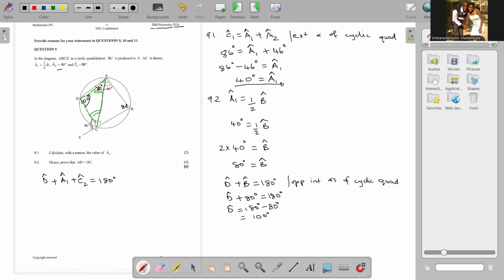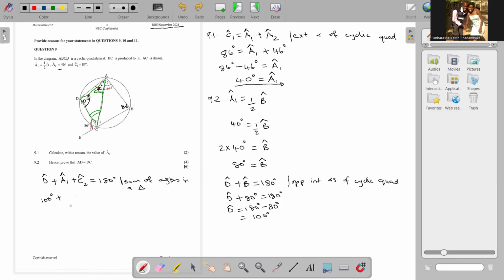The reason is sum of angles in a triangle. What's the size of D? We just obtained that it is 100 degrees. Plus, what's the size of A? We don't know the size of A. What's the size of C? Sorry, the size of A, we have it.